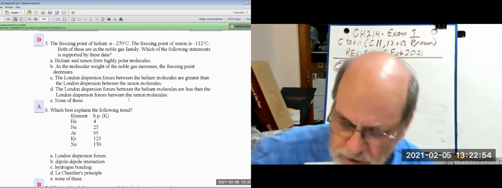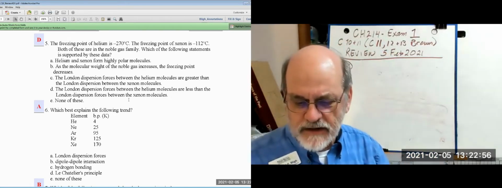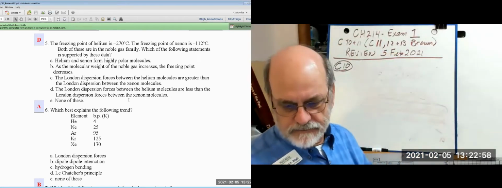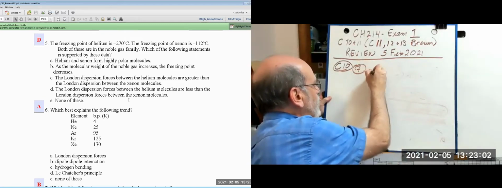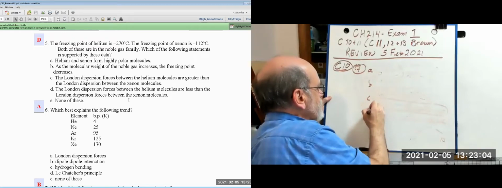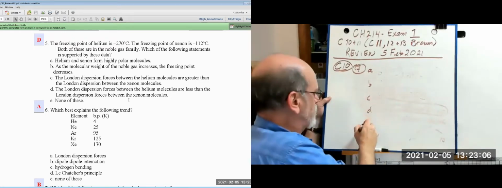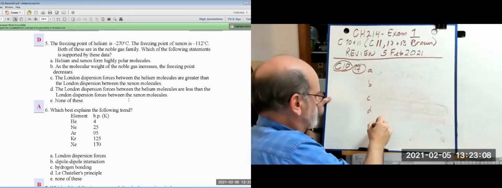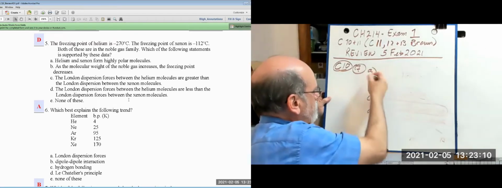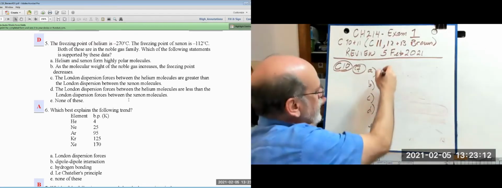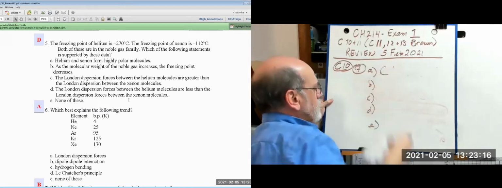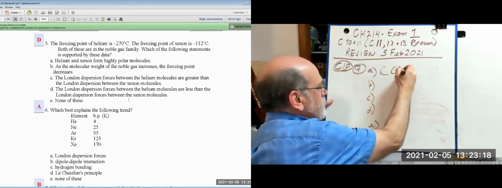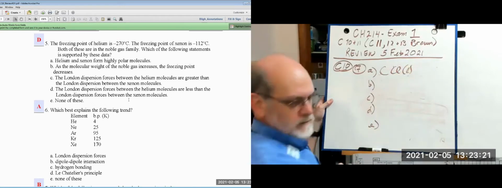Seven. Which of the following compounds has the lowest viscosity? So let's write this one up here. A, B, C, D, and E. Okay, so we have, what's that one? Carbon tetrachloride, liquid.